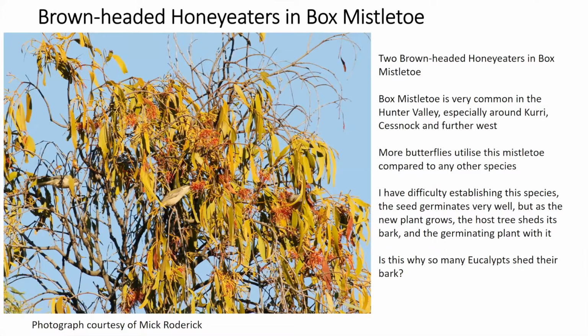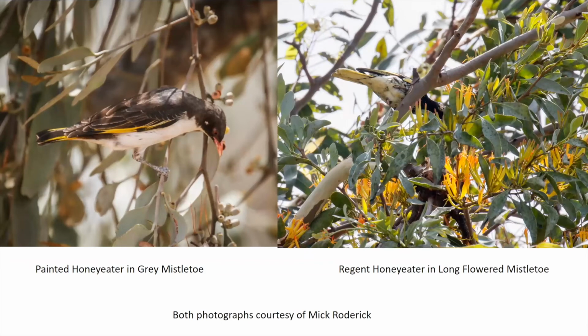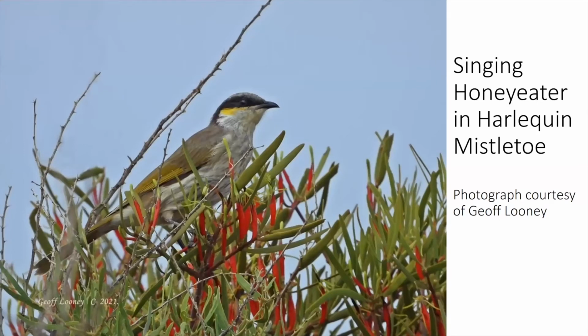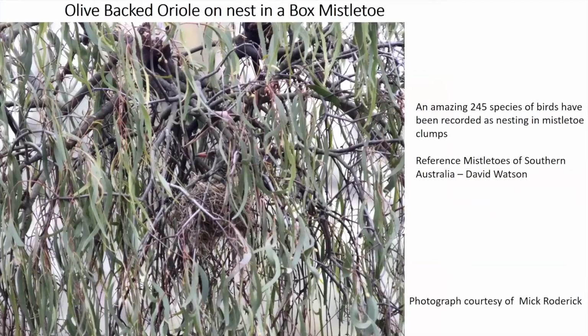Here on the left, there's a painted honeyeater feeding on grey mistletoe, and on the right, the endangered Regent Honeyeater feeding on long-flowered mistletoe. And the singing honeyeater on an excellent example of the Harlequin mistletoe. So beautiful flowering plants. Here we have an olive-backed oriole, thinking we can't see it, sitting inside a nest in box mistletoe.